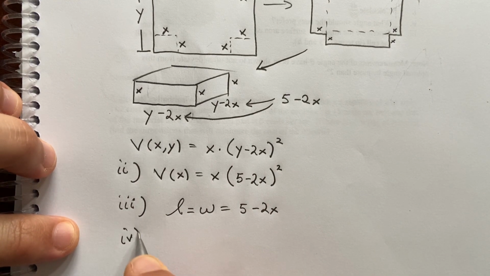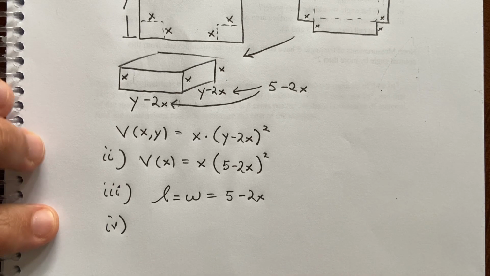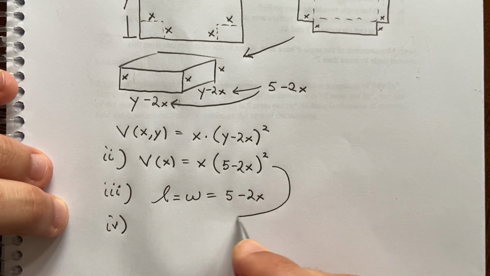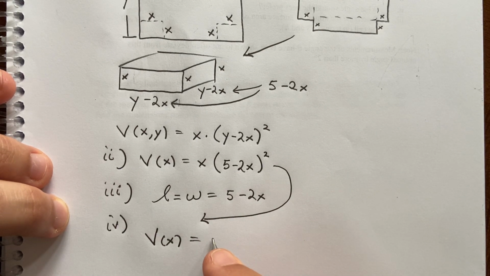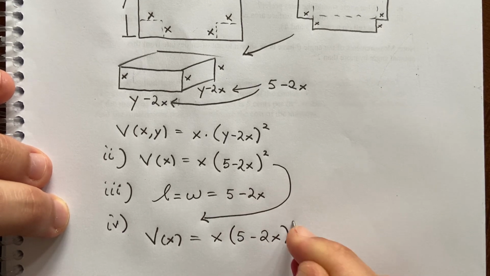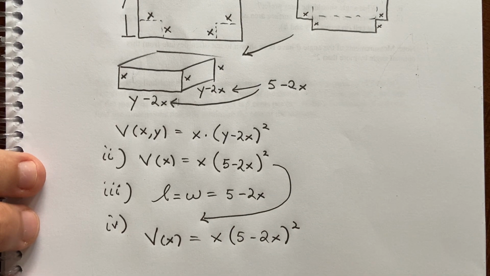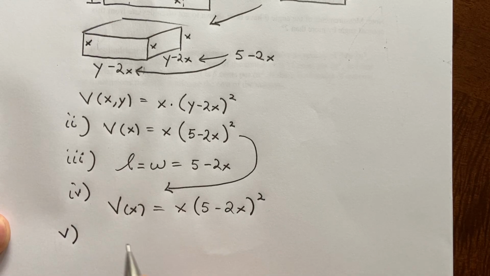And then I guess part 4, just to follow these steps as they're laid out, would be what I wrote here, V of x. I'm kind of just going in a different order. Okay, so once you have the volume of the box written as a function of one variable, now you want to maximize that function. So this will be part 5 finally.